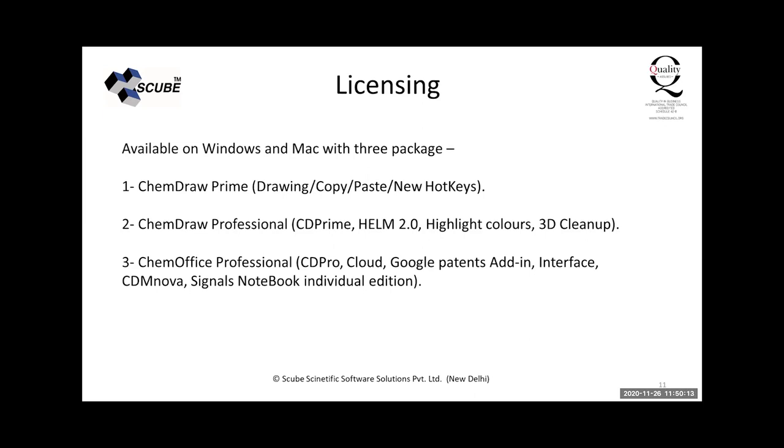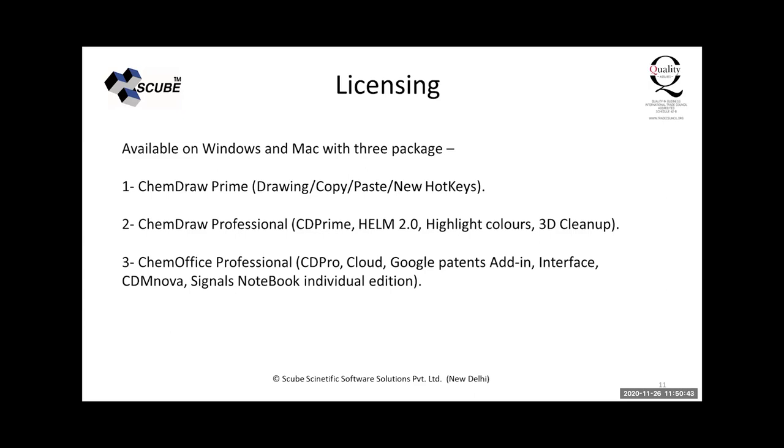Then we have Helm. Helm is basically, if you can recall, in the earlier version there were biopolymer options, right? So you can draw the amino acid side chains and DNA, RNA like that. In ChemDraw, it has been there since, I think, ChemDraw 17 or 16.